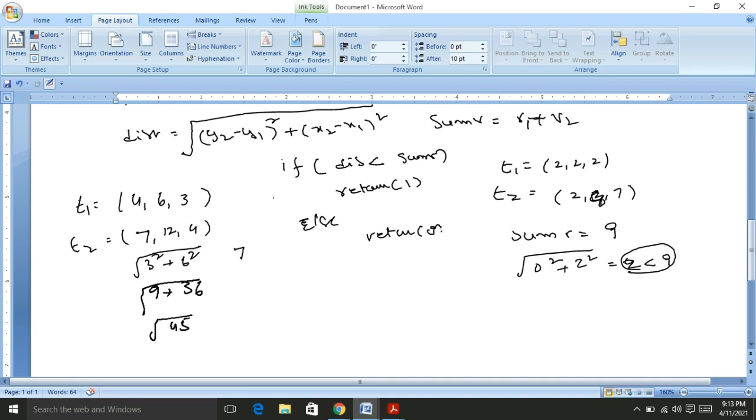Now what I am going to write here is 17 minus 4. Suppose I consider this one as 17, 17 minus 4, that is equal to 13. 13 square plus 6 square, right? It may be greater than or equal to 7.